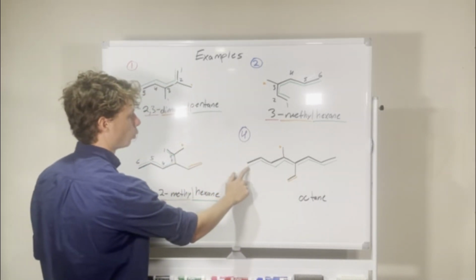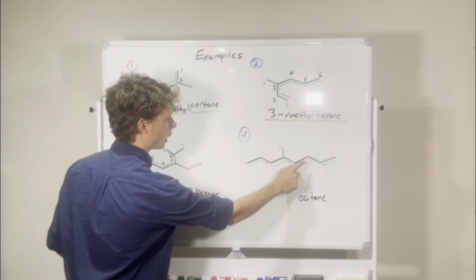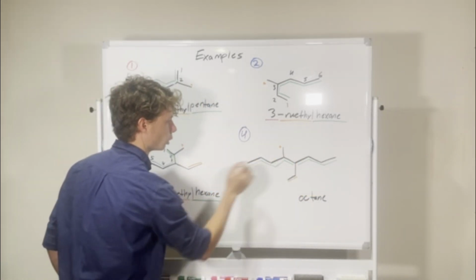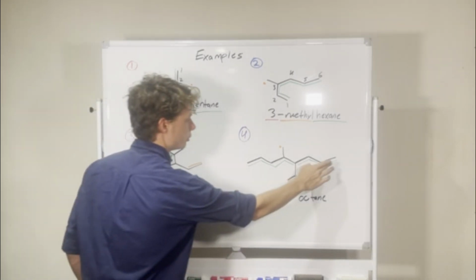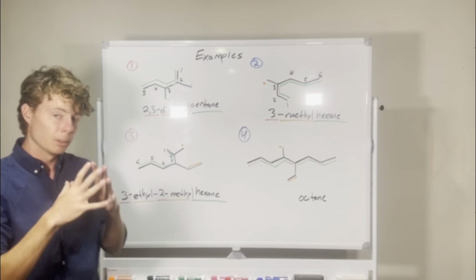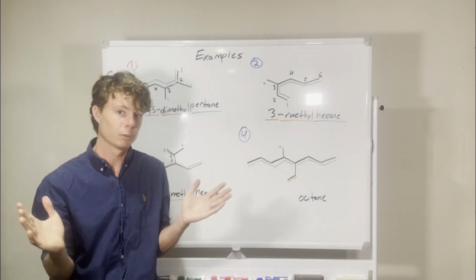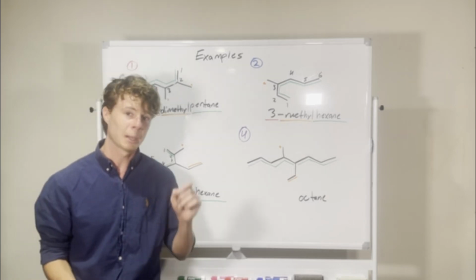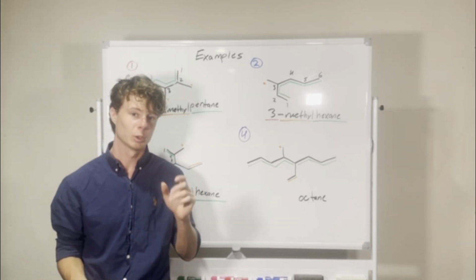Methyl group, ethyl group, what positions are they in? Well, I could number them 1, 2, 3, 4, 5, 6, 7, 8. That would put my methyl group on 4, my ethyl group on 5. Or I could number the other way, and both of my groups are going to be 4 and 5 no matter what. So what's the tiebreaker? Ethyl group comes before methyl group in the alphabet, right?